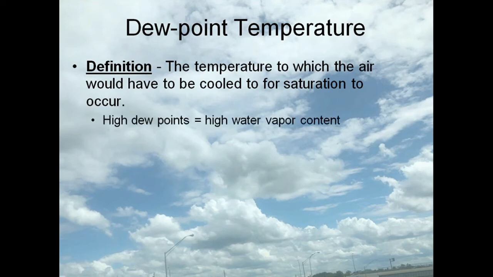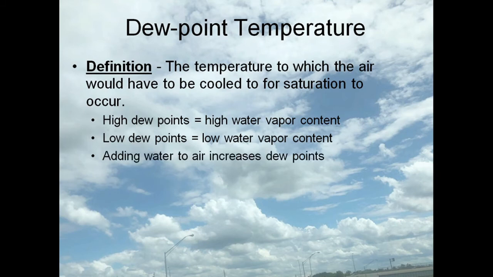High dew points equal high water vapor content. So the higher the dew point, the closer you are to the temperature, the higher the moisture content in the atmosphere. Low dew points, low water vapor content, and adding water increases the dew point. At what temperature does that air parcel have to reach to become saturated?